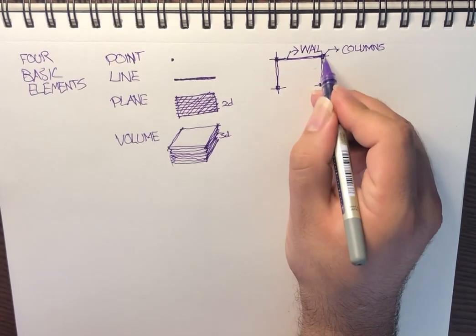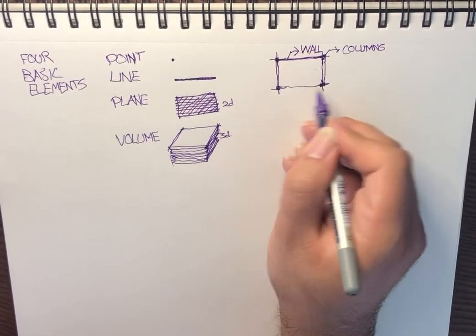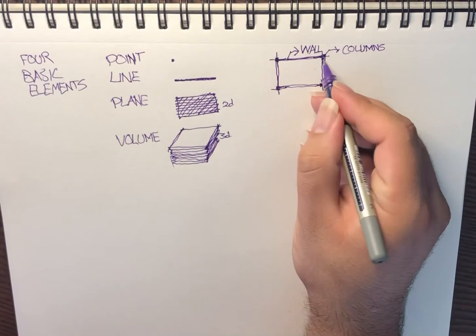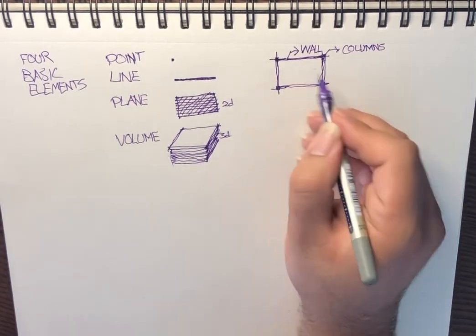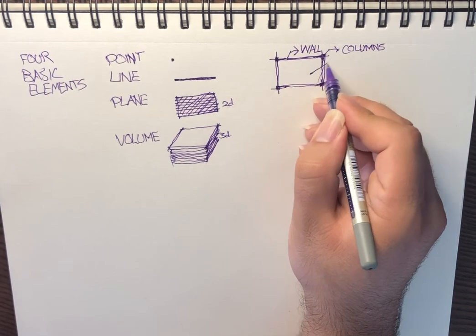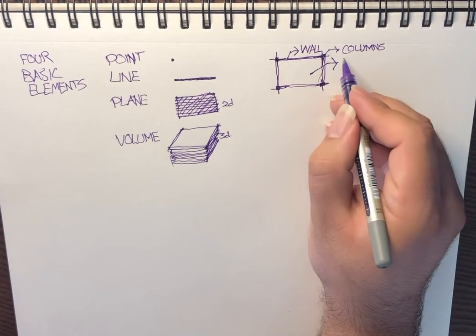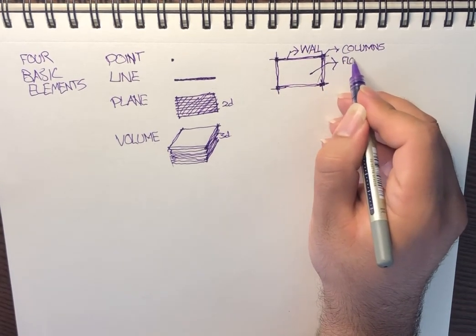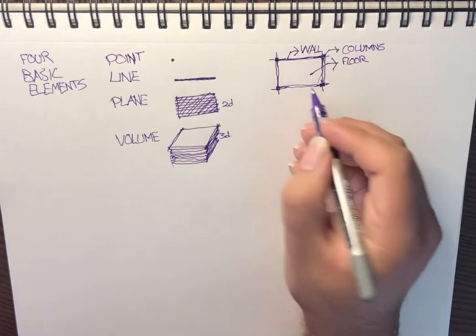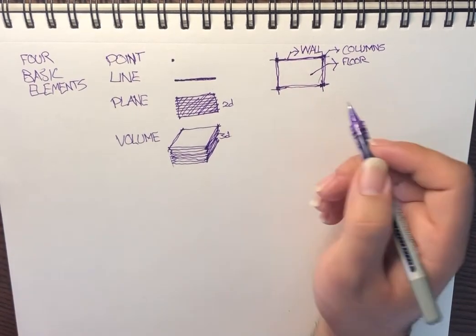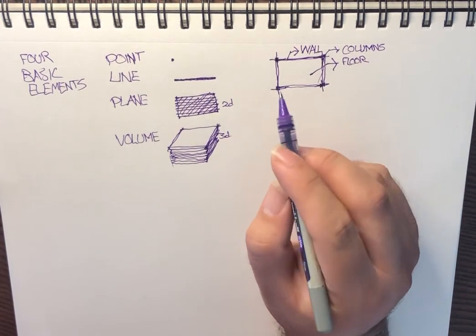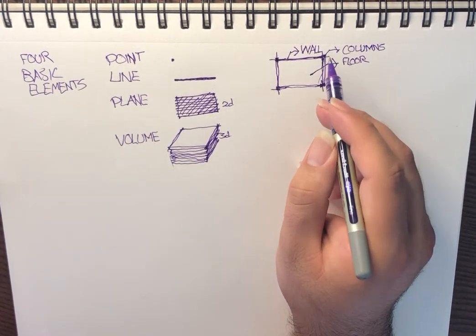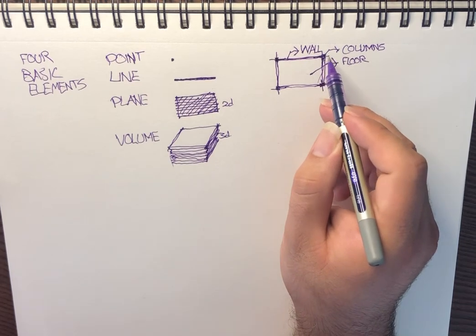And then after walls, we have floor, which is a plane, but with a thickness. Of course, the column was a point with thickness.